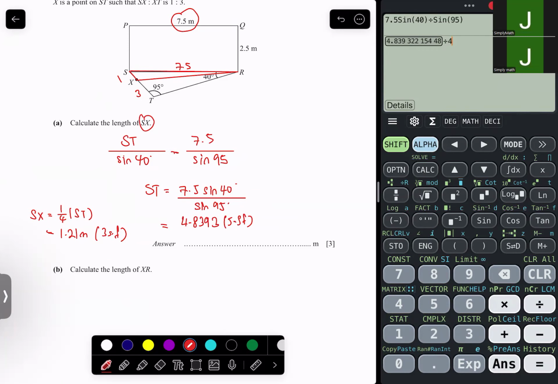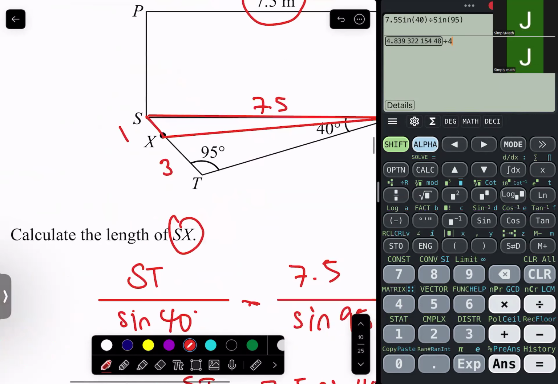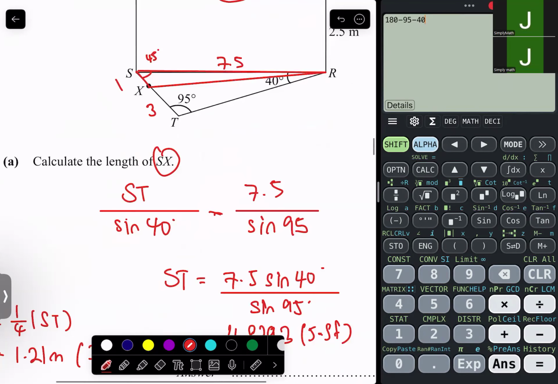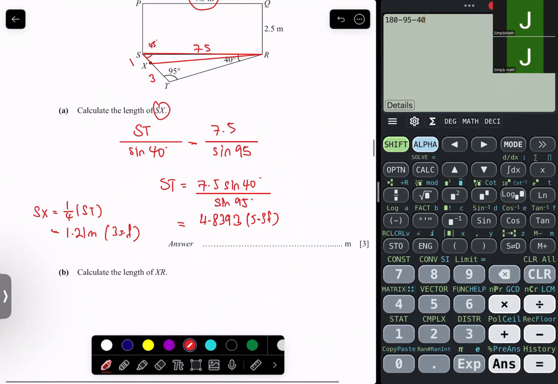SX is 1.21. Oh, yeah, I can just use the angles: 180 minus 95 minus 40. So this angle is 45 degrees. So that was the purpose that they asked us to find SX. So to find XR, we can use cosine rule.